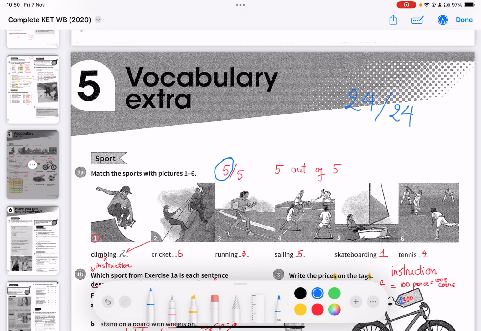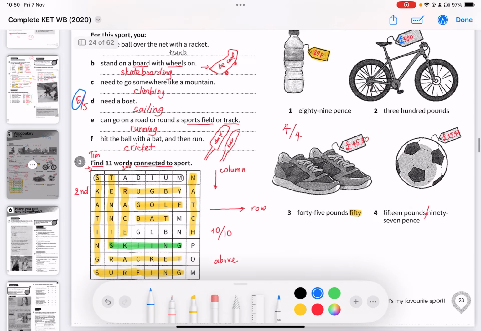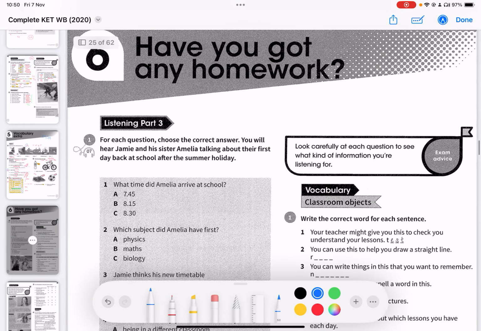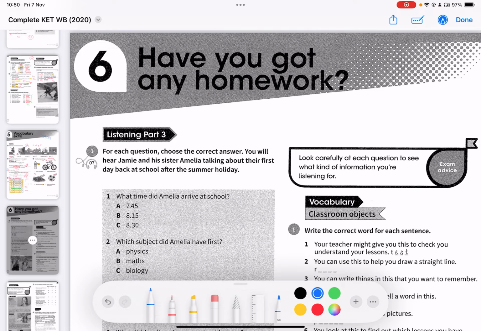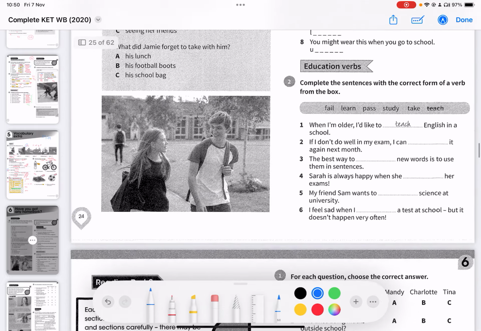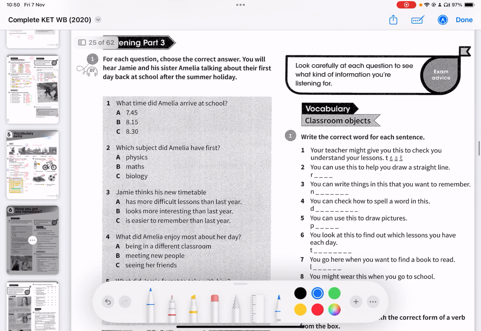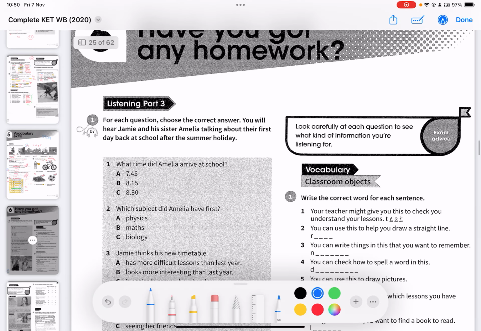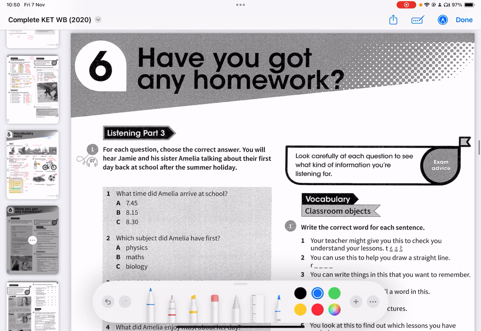Now let's move on to the next page of your homework, which is Unit 6, page 24. So for page 24, have you got any homework? Bạn có một tí bài tập về nhà nào không?